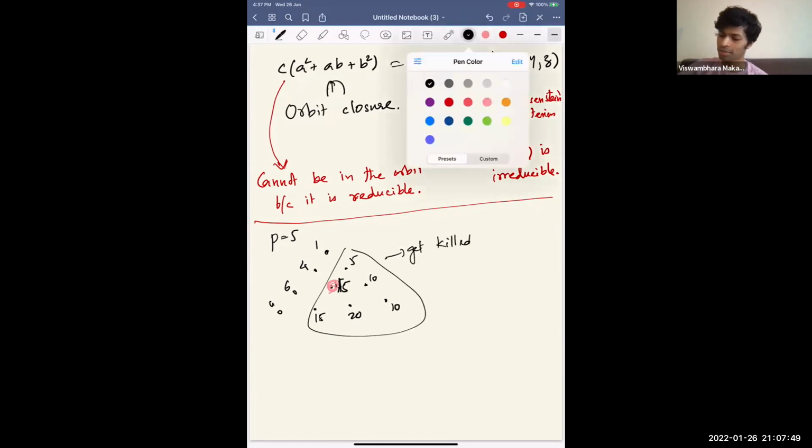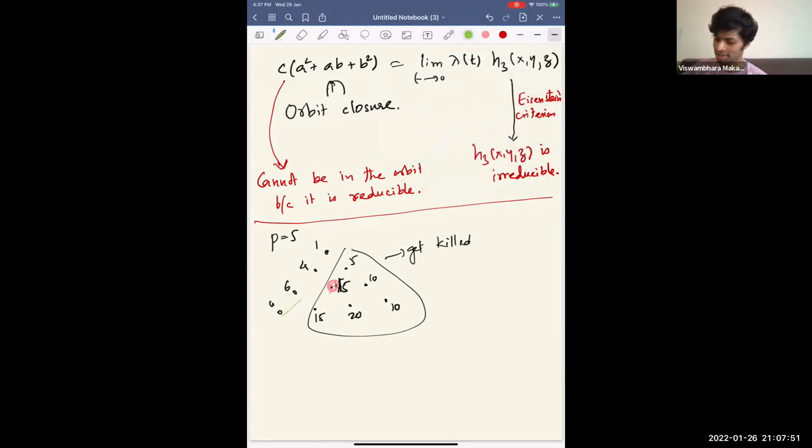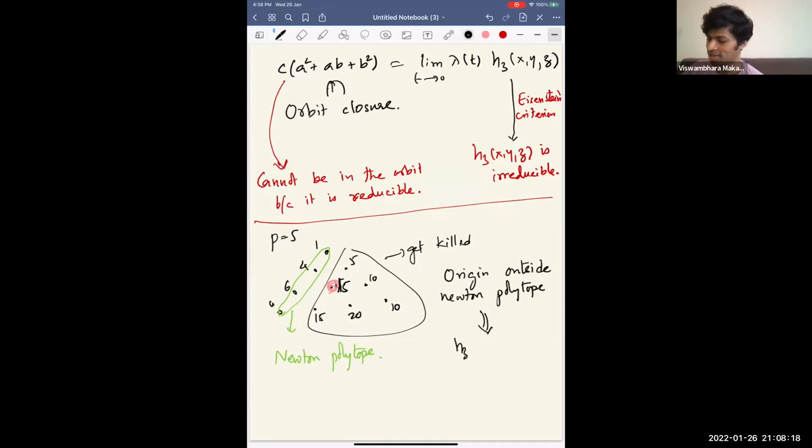And the Newton polytope is just this. And if you see that that's what the Newton polytope is, now you realize that the origin is actually outside the Newton polytope, which actually basically just means that H3 is in the null cone.